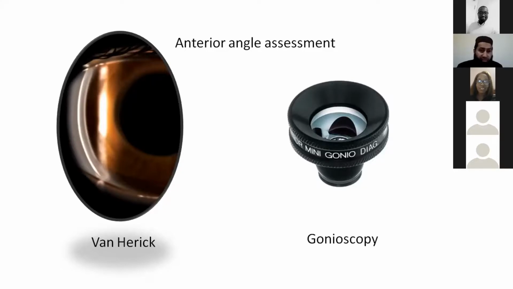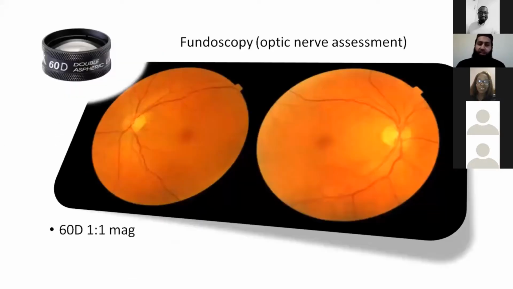Then you have Van Herrick, something that I use on every patient. It's quite handy, quite useful. It tells us if the angle is narrow or not, and this is something that everybody can use and should be using on every single patient. So if gonioscopy is not that easy, at least Van Herrick is.